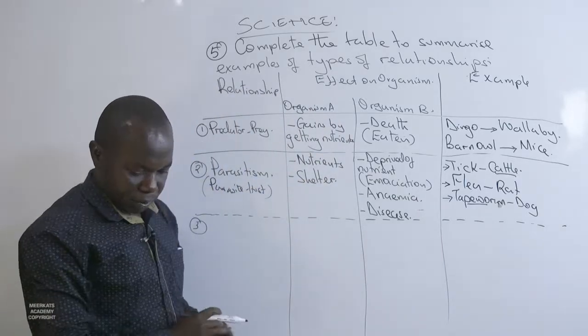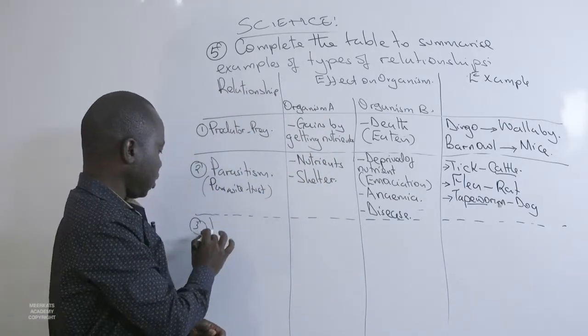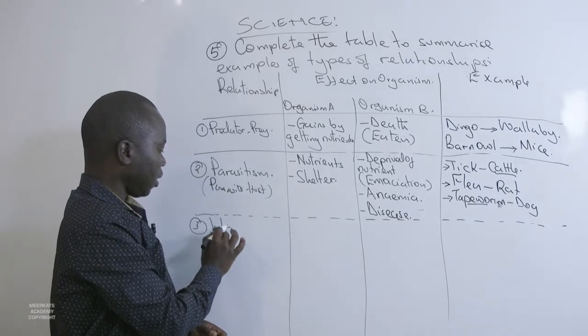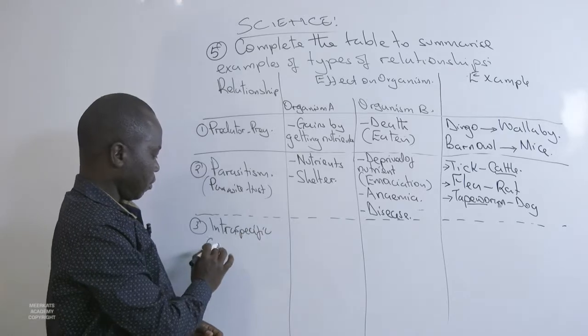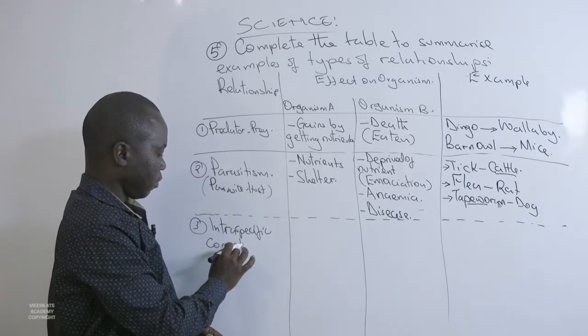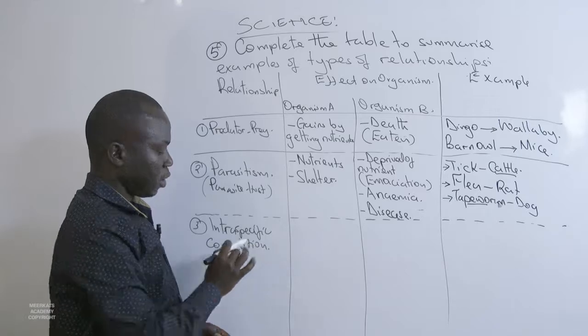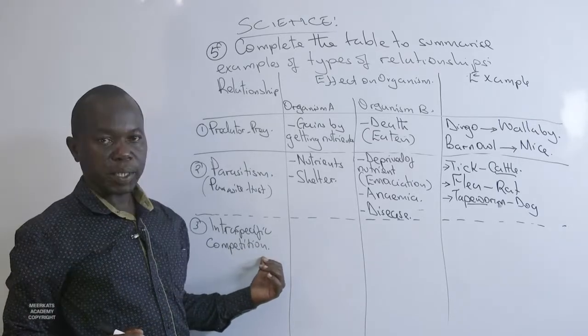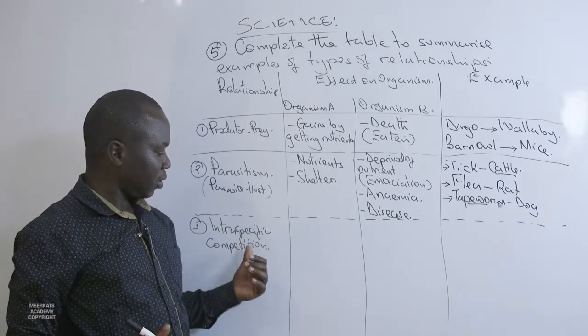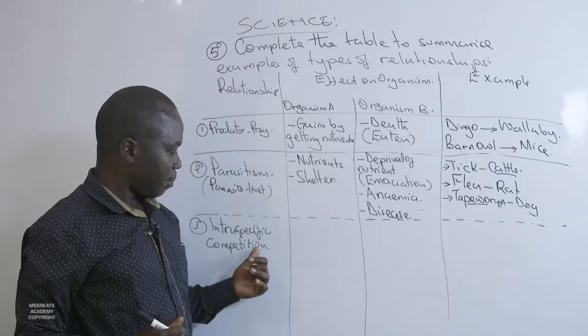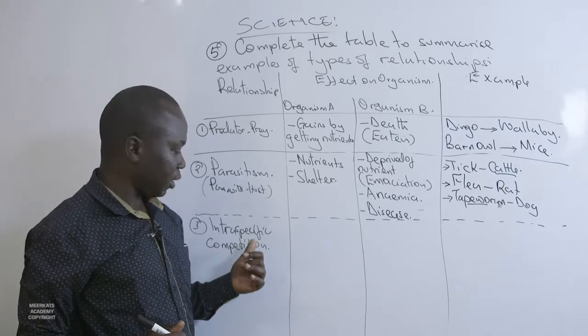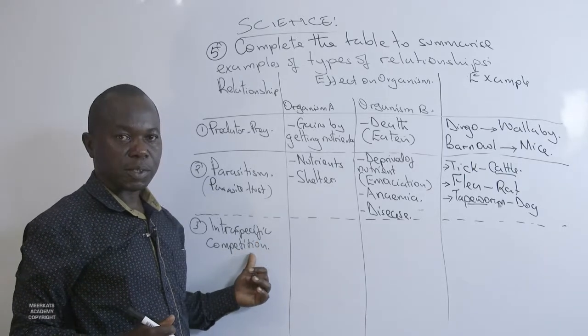Another relationship that we have come across is intraspecific competition. Now we said that competition is when organisms in the same ecosystem demand the same resources, but those resources are limited in supply. We shall have competition.